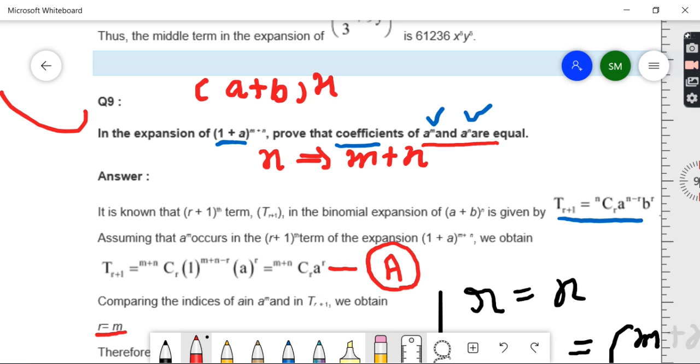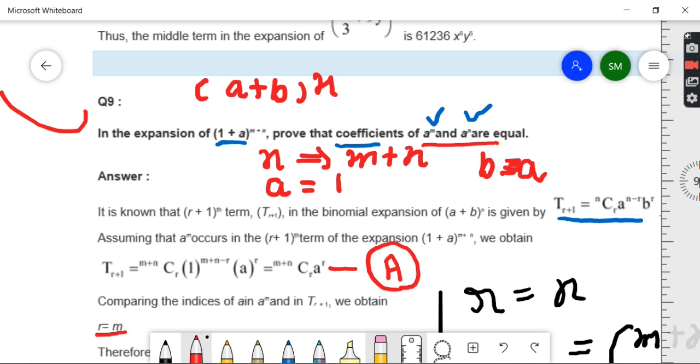Similarly, a is equal to 1, and b is equal to a. This is a little bit confusing, but you have to understand this much. So I want to find out the coefficient of a raised to m.